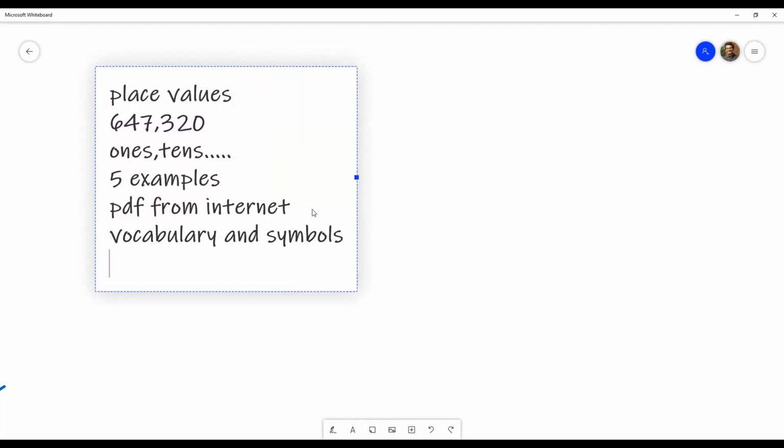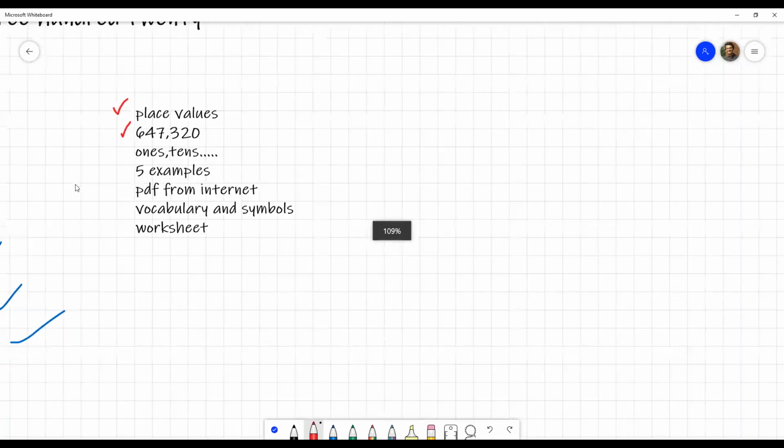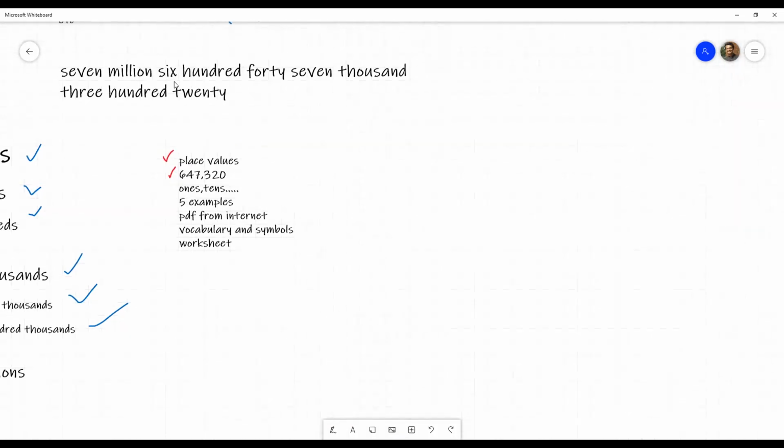Then we went on to solve the worksheet at the end. So this is all that we did today. If you keep a diary, like we used to in school and college, this is what we have learned today: place values, this number, and how to pronounce it.